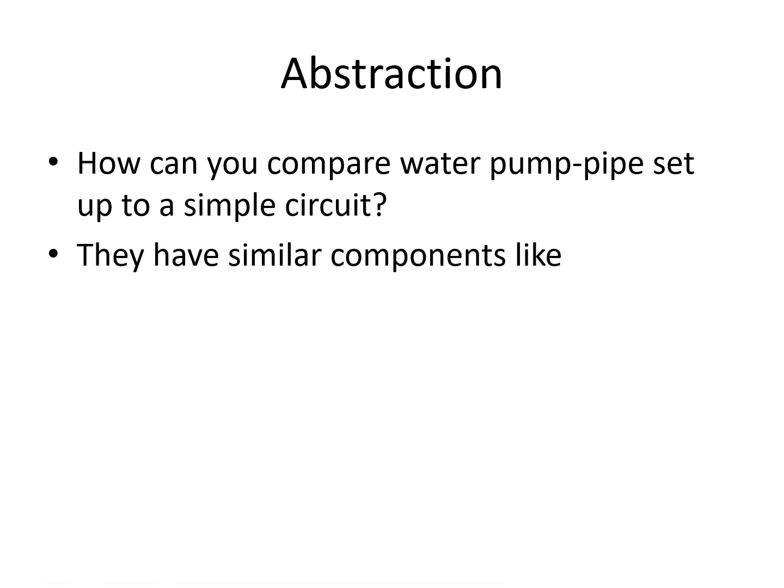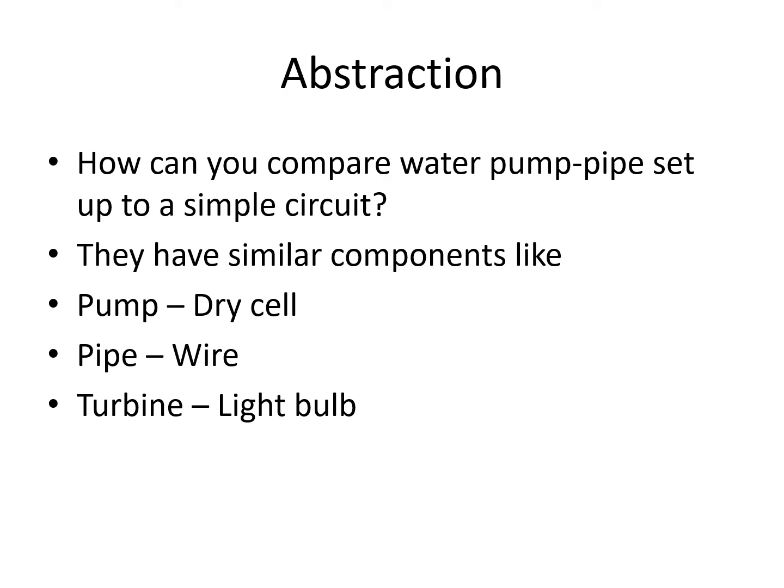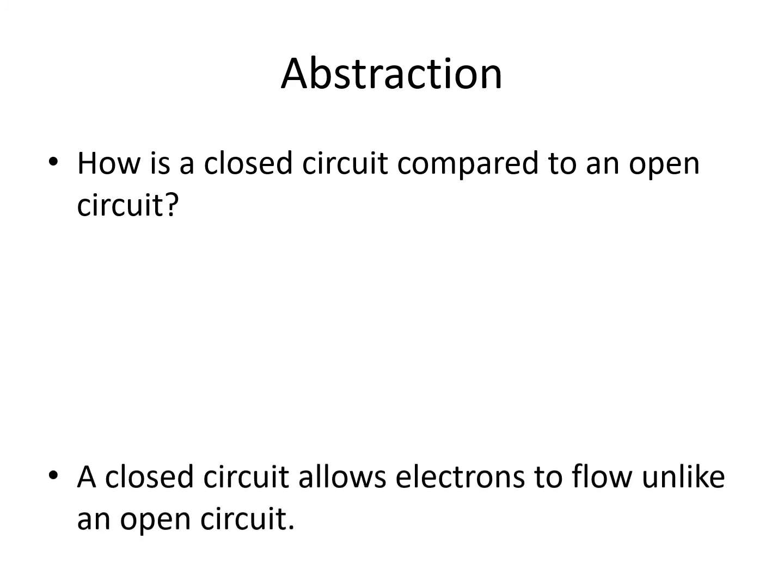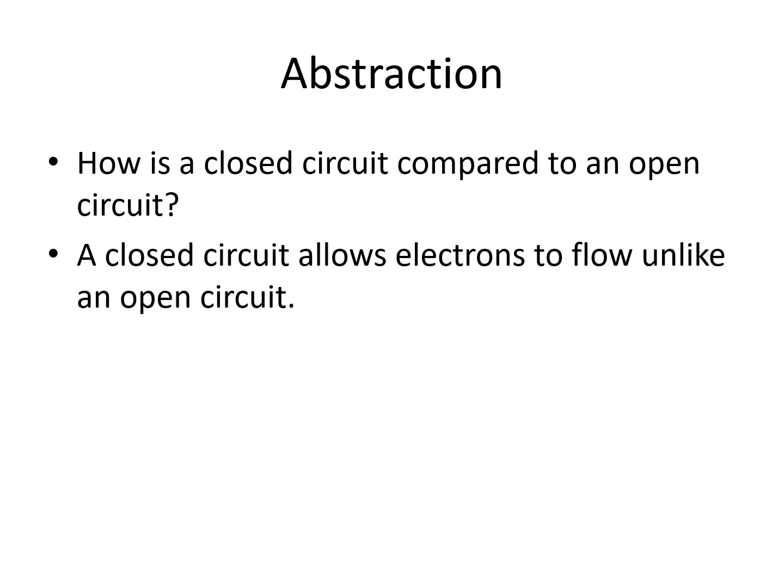They have similar components like pump and dry cell, pipe and wire, turbine and light bulb. How is a closed circuit compared to an open circuit? A closed circuit allows electrons to flow, unlike an open circuit.